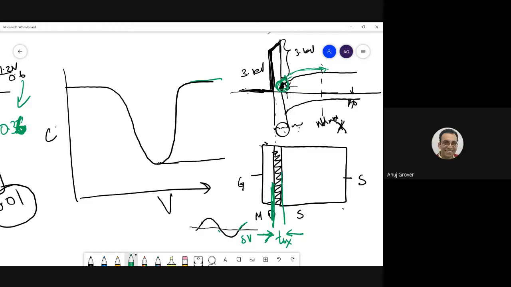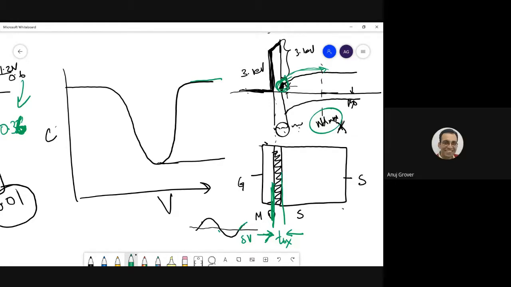No. See, that is where inversion has happened. What does inversion mean? Remember, I said that inversion sets in after there is WD max. Depletion width cannot grow beyond WD max. Sir, I'm not saying it will grow.